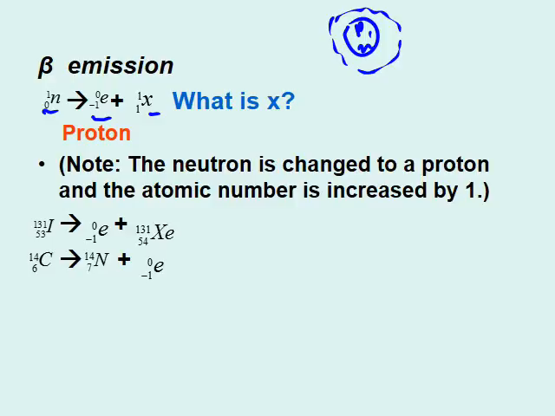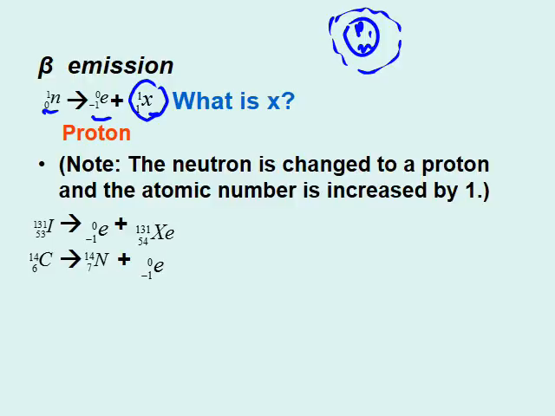So neutron is 0, so -1 plus 1 would make it 0. So the new particle has bottom number 1 or charge 1, and mass has to be 1 because the top numbers need to be added so that it matches with the top number of the left-hand side particle. So this is the particle that we came up with, which has one positive charge and unit mass.